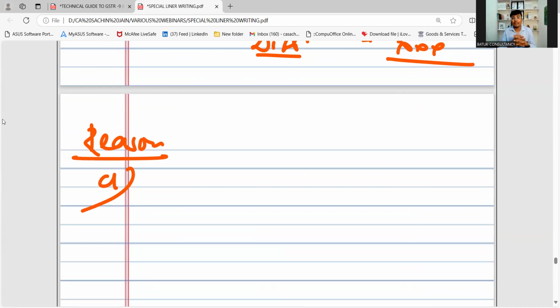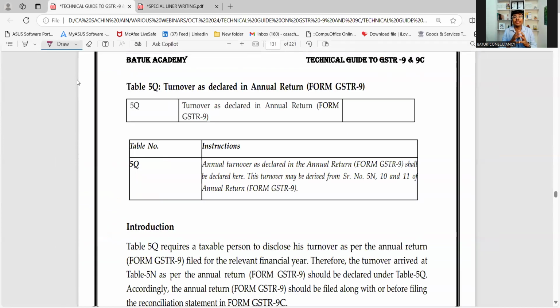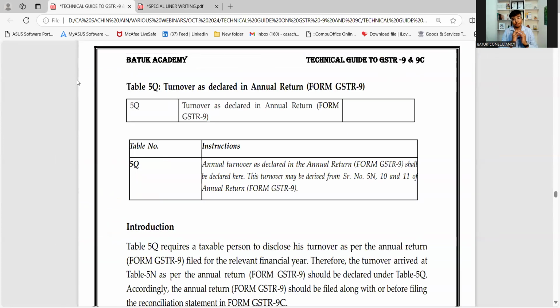So that is the basic reason. After that, if there is any difference, you also need to put the reasons. You have the reasons tab there, where you can write the reason for the differences. That is my reconciliation of turnover.